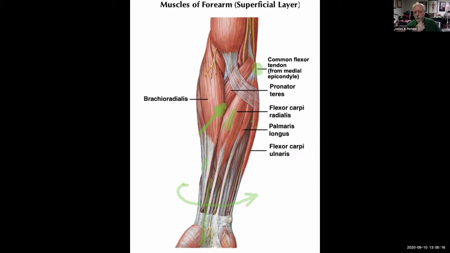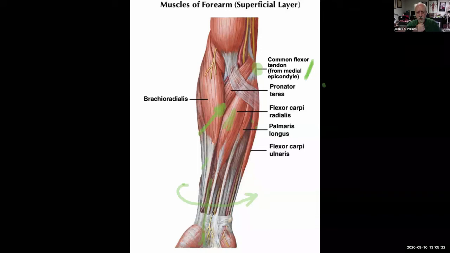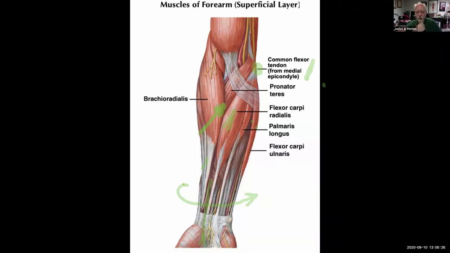So this muscle is actually crossing more than one joint. Remember that common flexor tendon up here is on the humerus. So this flexor carpi radialis muscle is actually crossing the elbow joint up here, but it really plays almost no role in movements of the elbow.